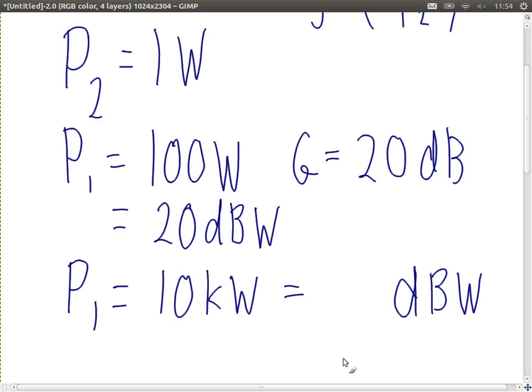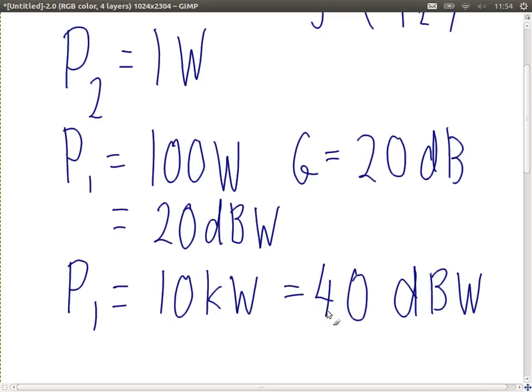How many dB? 40 dBW. 10 kilowatts, remember, is 10,000 watts. 10,000 watts relative to 1 watt, and that's what this W means in dBW, is a factor of 10,000. Log of 10,000 is 4, times 10, 40 dBW. So 10 kilowatts is equal to 40 dBW.